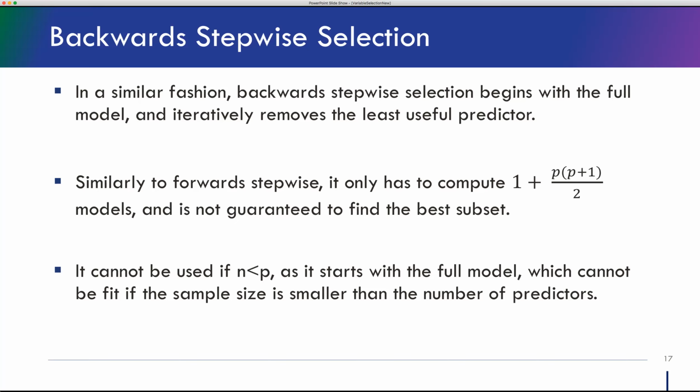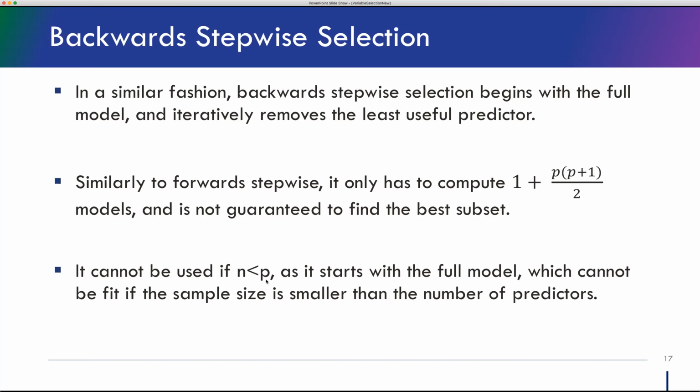It decides which one to remove before it removes one. Similarly, it only has to compute this many models, and it's not guaranteed to find the best subset. But with backward stepwise, it cannot be used if n is less than p.